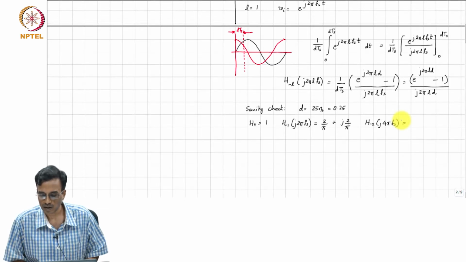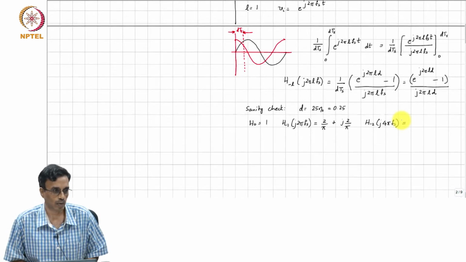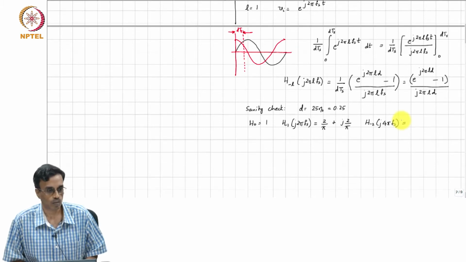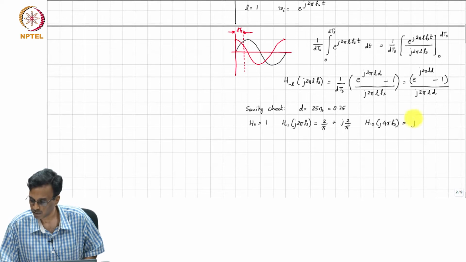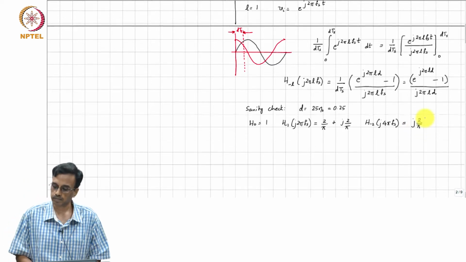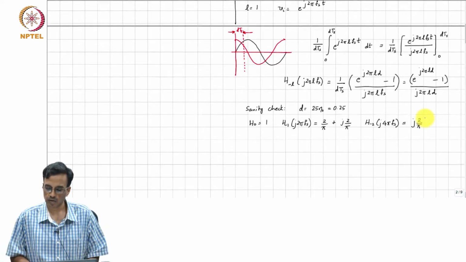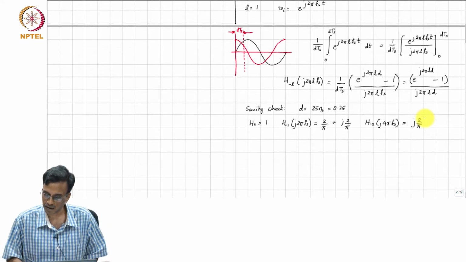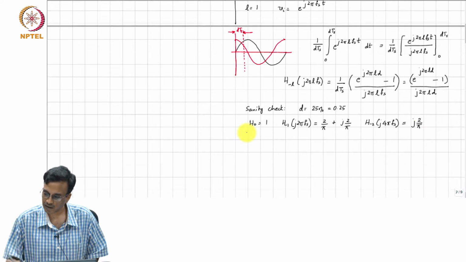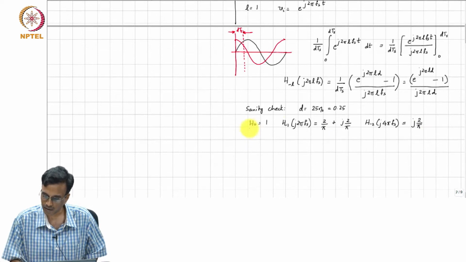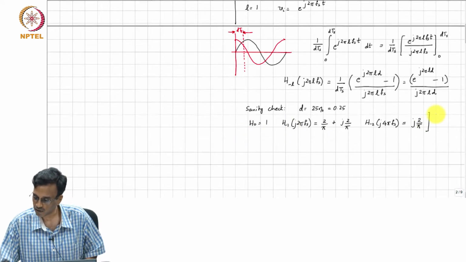The sine will continue to be 2 by pi, the cos will be 0, right. So, that will be simply j 2 by pi. And let us see if this makes sense. What we have calculated from this, we have seen earlier.